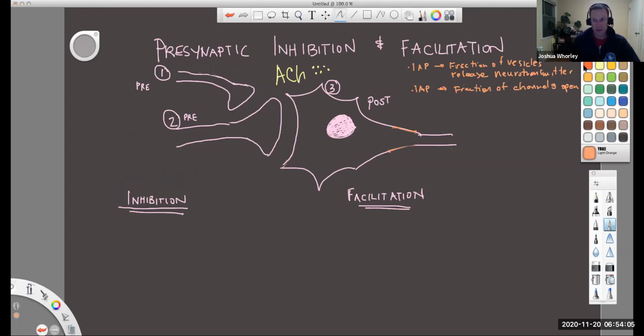When that action potential arrives, it releases its acetylcholine, and here are those molecules diffusing across. Let's say they bind to a gated channel, a calcium channel, but what they do is keep that calcium channel shut. They actually block the calcium channel, so they block the influx of calcium.